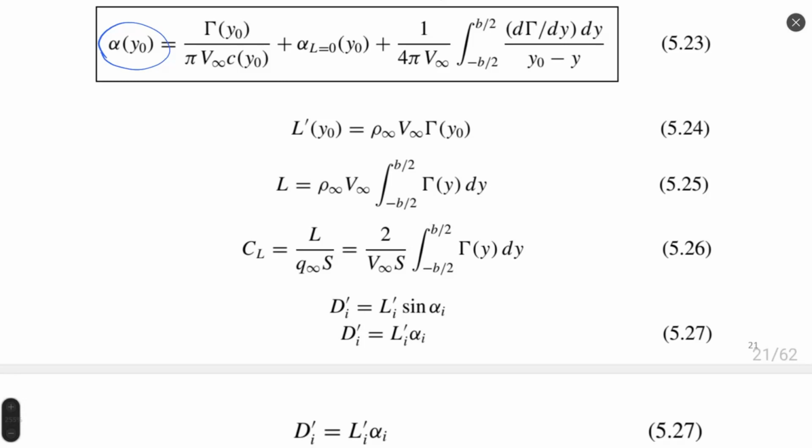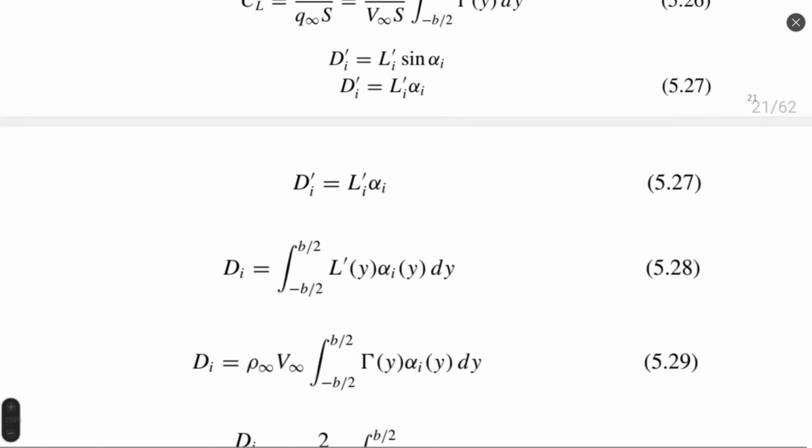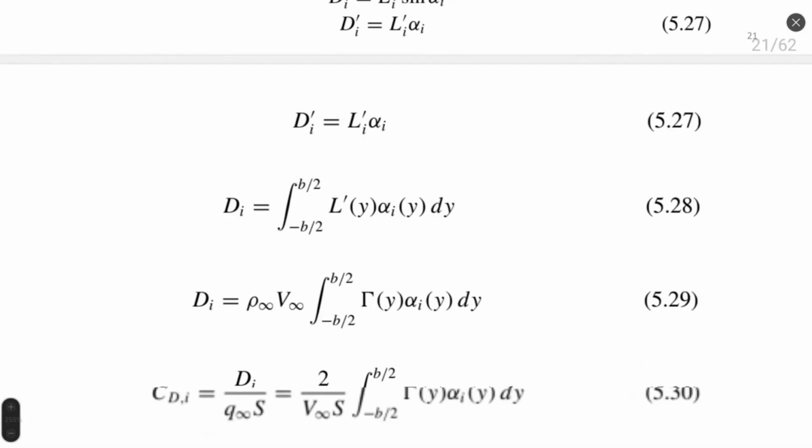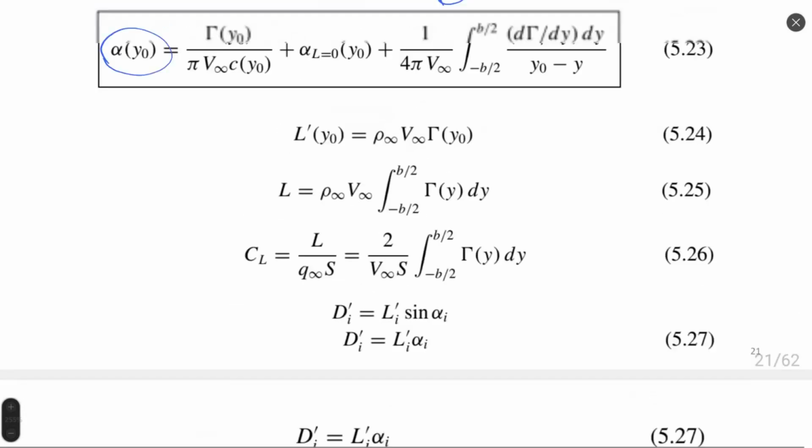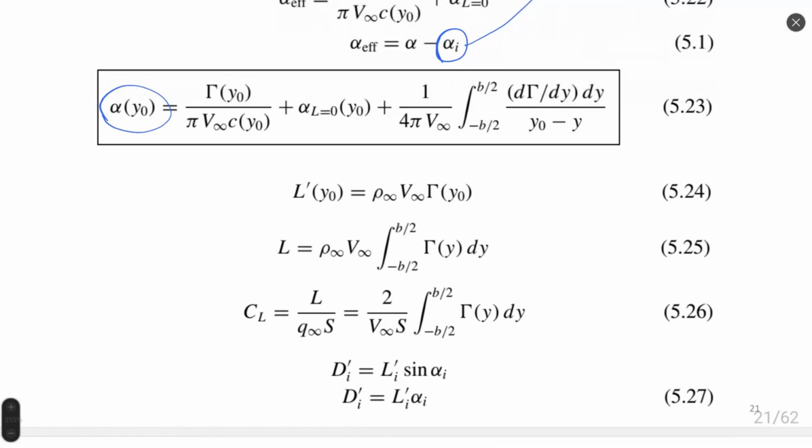Unfortunately, we cannot solve this equation directly because it's an integro-differential equation. But with several simplifications, several assumptions, we can try to solve it. The solution, after we obtain it, will allow us to calculate lift.